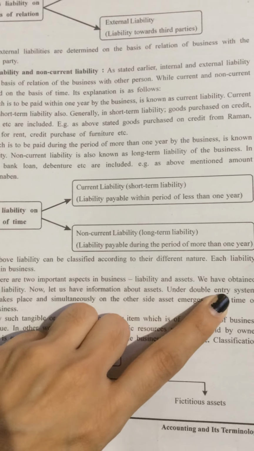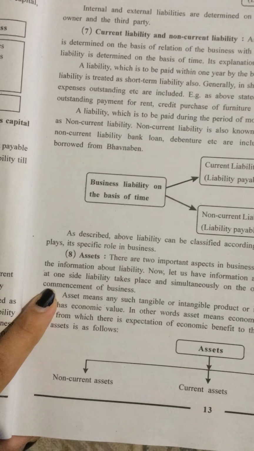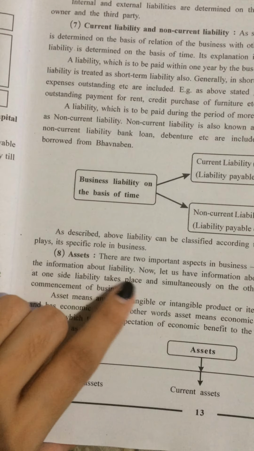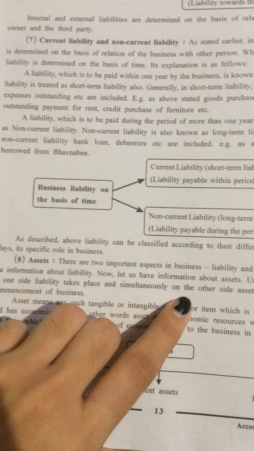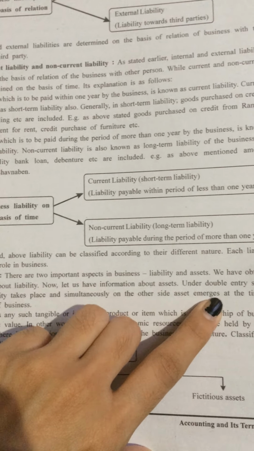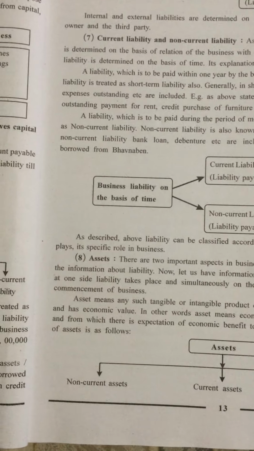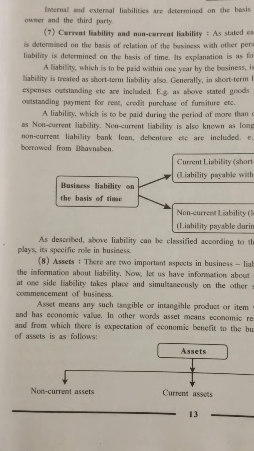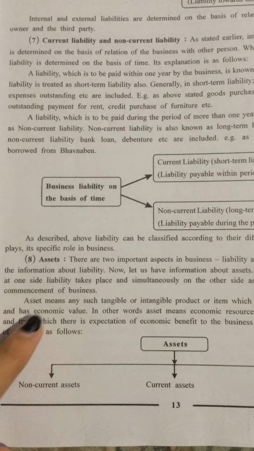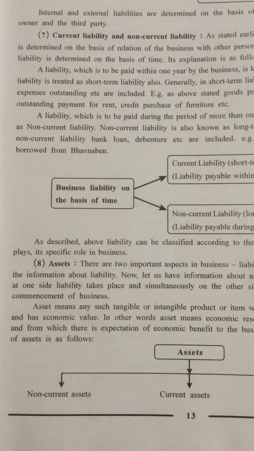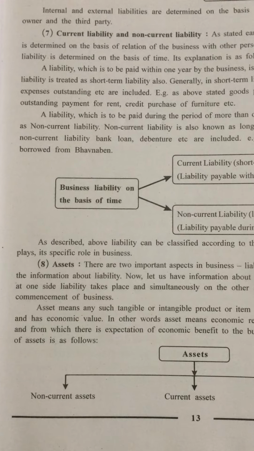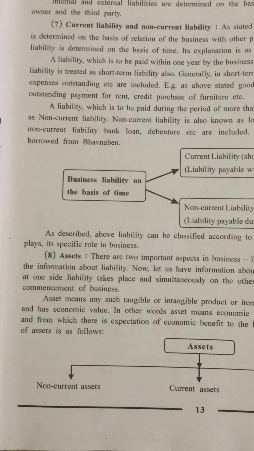Under the double entry system, on one side liability takes place and simultaneously on the other side assets emerge at the time of commencement of business. It means that accounting is done in a double entry system, in which there are two columns.